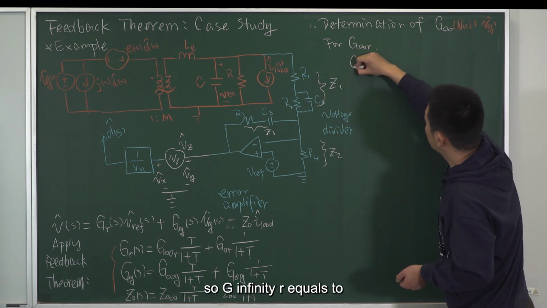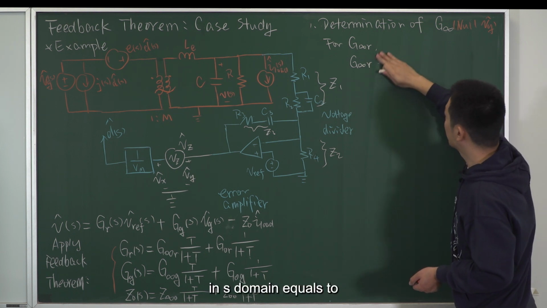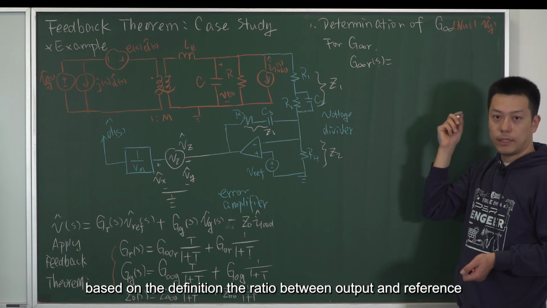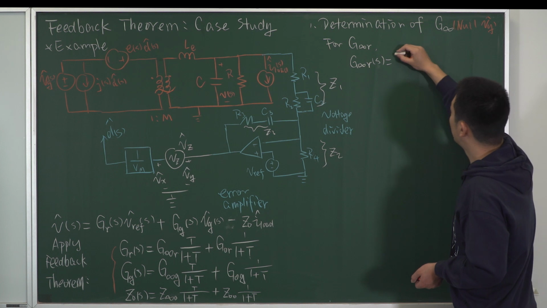So G infinity R, in the S domain, based on the definition, equals the ratio between output and reference.